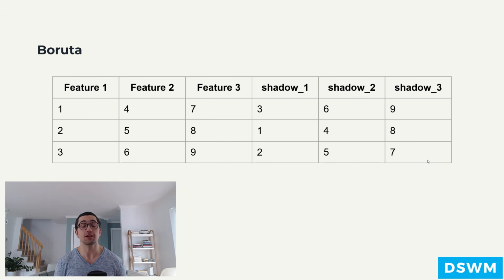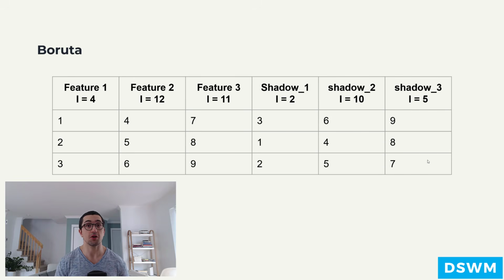Now, once this is done, Boruta is going to calculate the importance of each feature using your model. So here, as you can see, we have the importance of each of our features, and then we take a look at only the importance of the shadow features and find the highest one. So in this case, shadow 2 got the highest importance. It has a score of 10. And now we are going to take a look at each of the original features and see: is the importance greater than 10 or not?